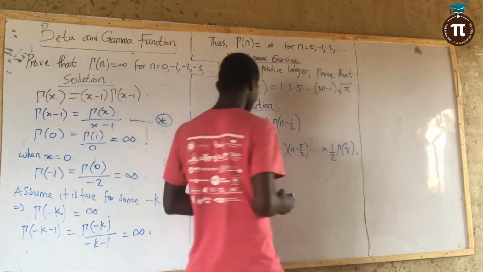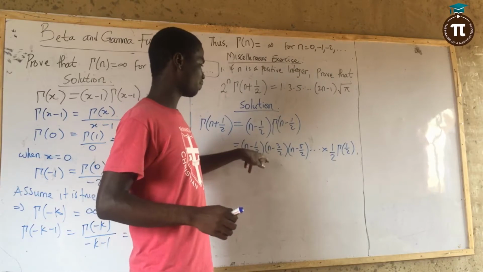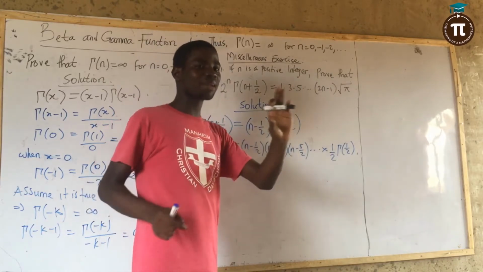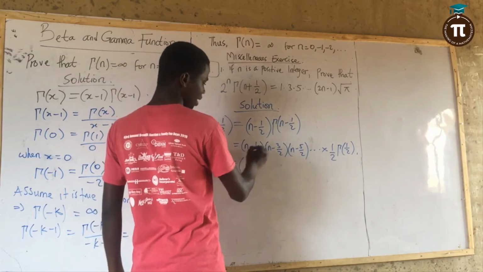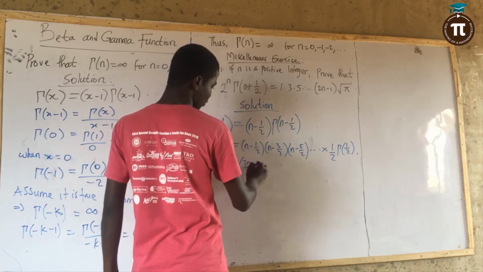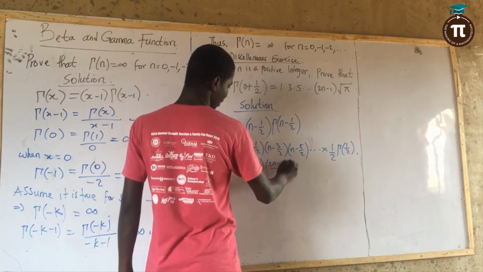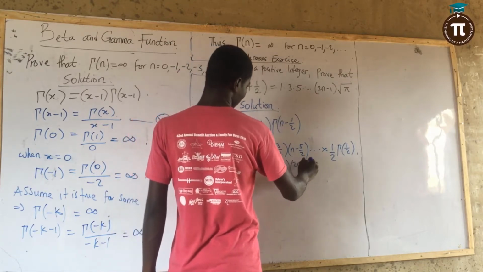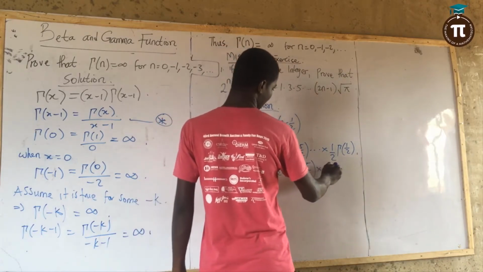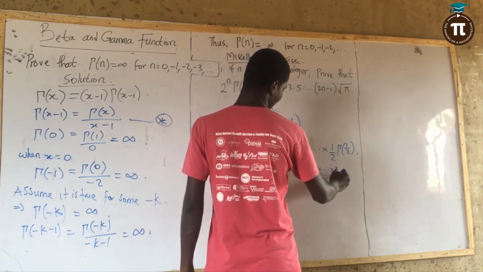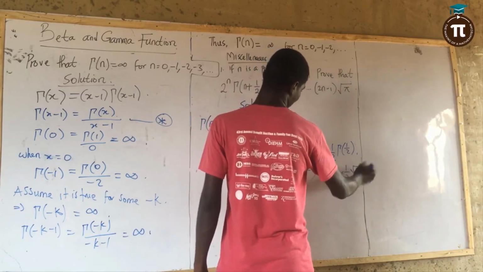If you count how many of these brackets we have, it should be n brackets. So if you find the LCM here, this one will be 2n minus 1 over 2, this one 2n minus 3 over 2, 2n minus 5 over 2, till you get to 3 over 2 multiplied by 1 over 2. Gamma of 1 over 2 is square root of pi.